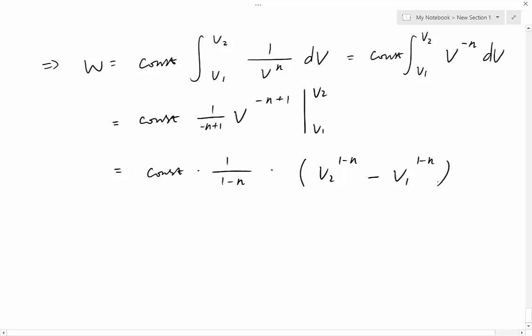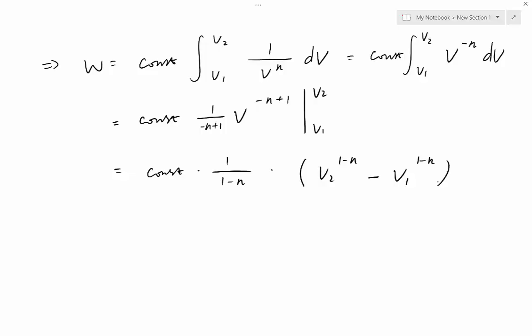Just plugging in the upper limit and the lower limit. Everything looks great because we have got rid of the integral sign. What we have left is multiplication, which is much easier for us to use.